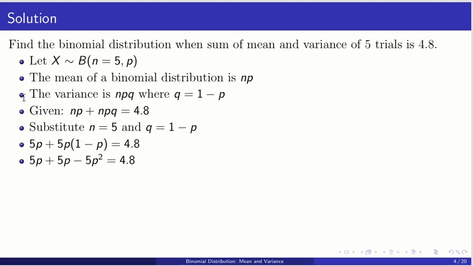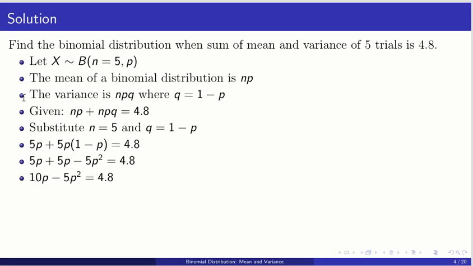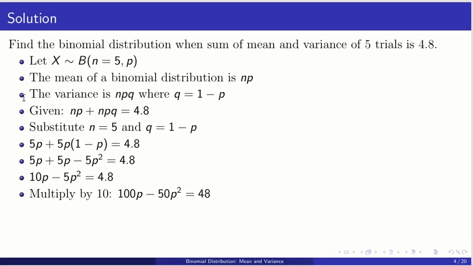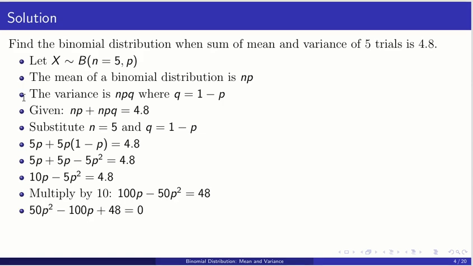So one step ahead, if you multiply this by 10, we get 100p minus 50p square is equal to 48. Now let us rearrange the terms, we have got this one.